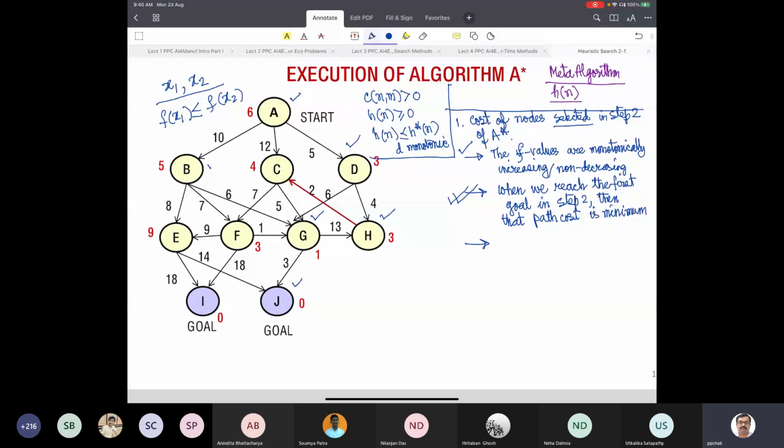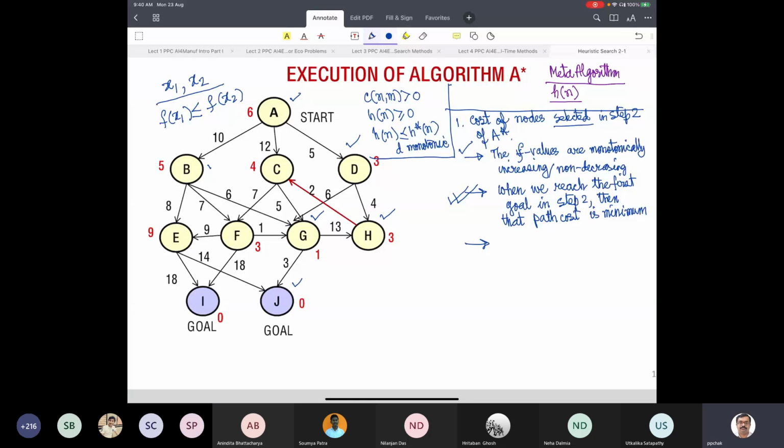From this, what is the third observation that anybody can make? I'm giving you a hint: did you check whether it was the goal node when you removed it from open?